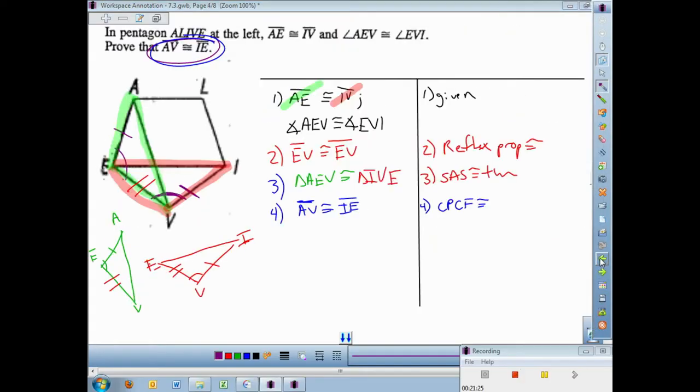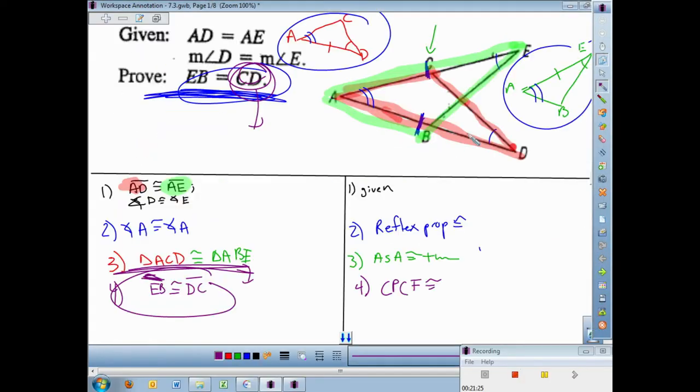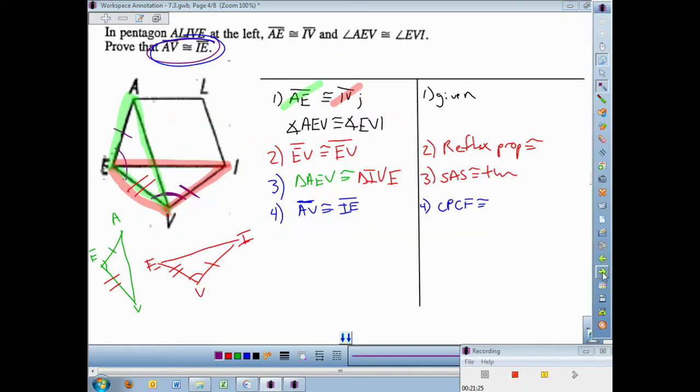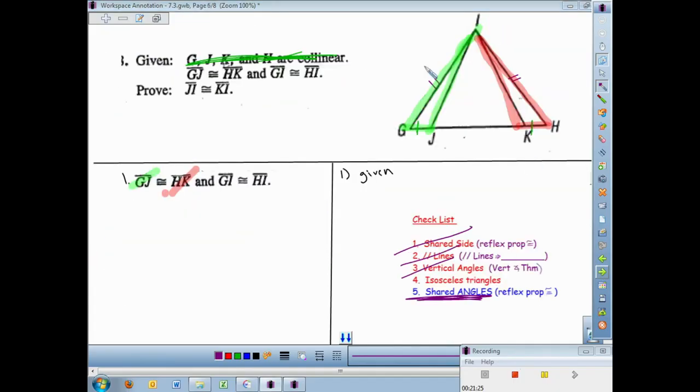Like if we go back to that first one that we did, you only put the double arc mark in the overlapping picture once, with one set of markings. If you go back to our problem that we're on right now, you'd have to put an arc mark there and an arc mark there. You put two different sets of markings. That's not a shared angle. So that doesn't fly. So there are no shared angles, right? That's a different angle. The only thing left is, are there any isosceles triangles in the picture?